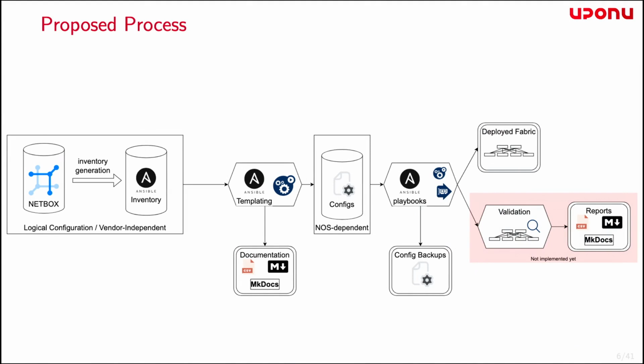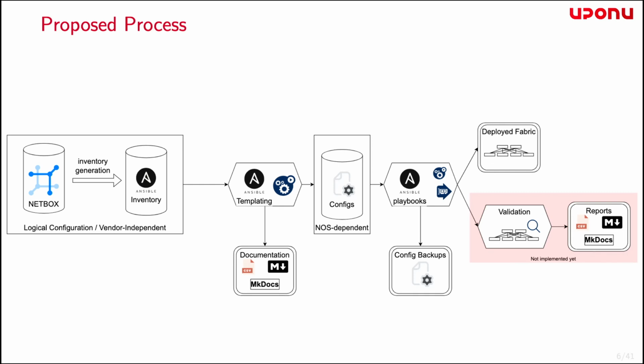This is completely vendor independent, and then we do an inventory generation, which generates some Ansible inventories with group vars, host vars, etc. Then we run through the Ansible templating engine, which generates overall documentation of the fabric, and also generates network operating system dependent configurations, and then we are again vendor dependent, of course. After that, we use Ansible playbooks to push all these configurations to our fabric and to the actual switches.